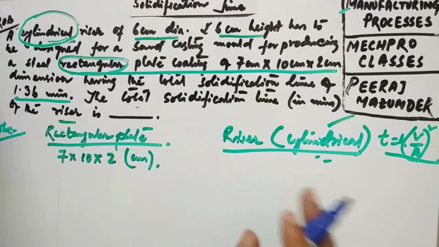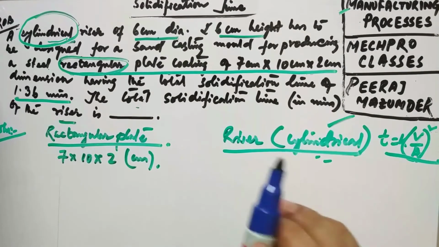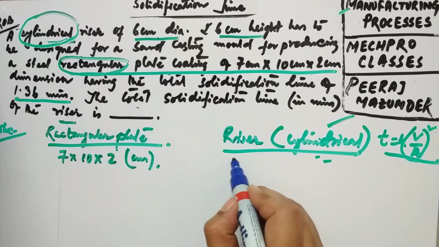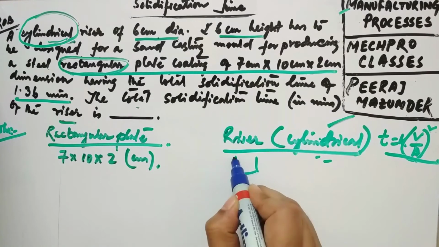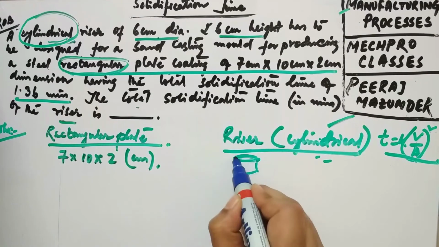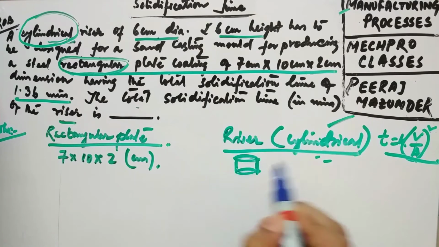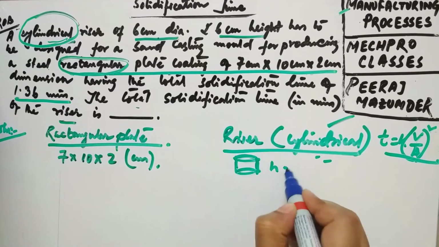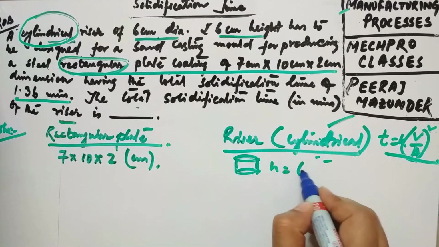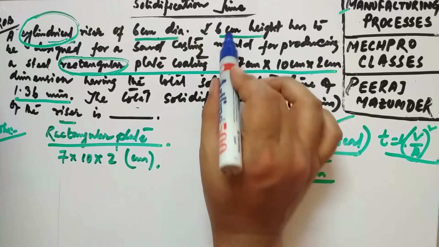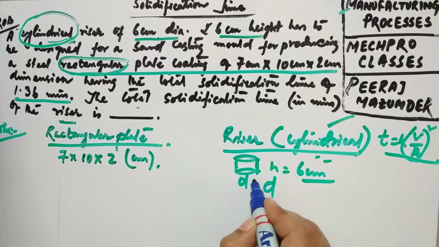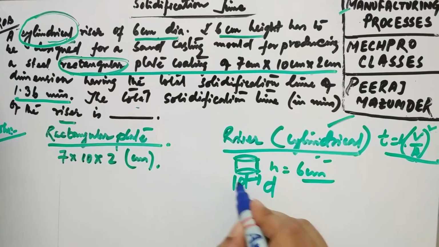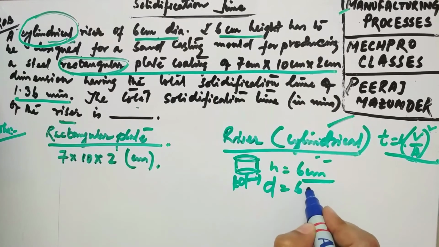Okay, so now coming to this riser, we have the diameter. Say this is the cylindrical riser. Okay, so now the height is given as h equal to, you can write, 6 centimeter. It is also given in centimeter, and the diameter, say d, this one is d, so d is also given as 6 centimeter.